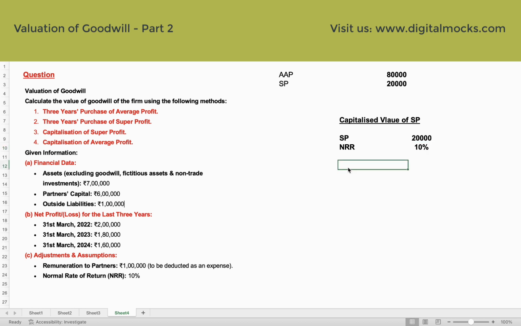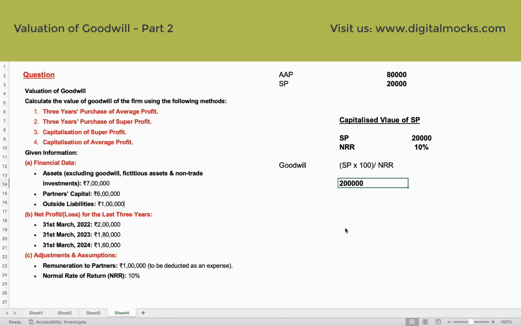So the formula is super profit multiplied by 100 divided by the normal rate of return, and that will be the amount of goodwill. Super profit 20,000 multiplied by 100 and divided by 10% gives 2 lakh rupees. So this capitalized value itself is the amount of goodwill.